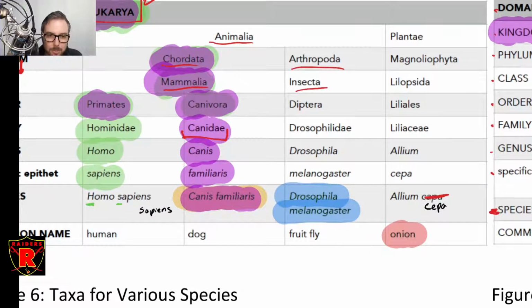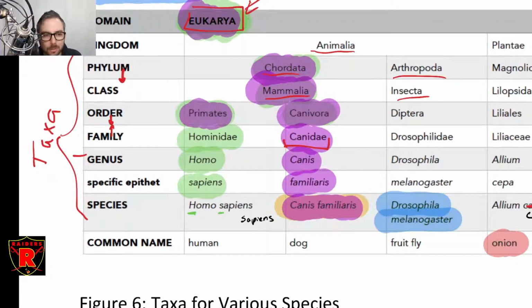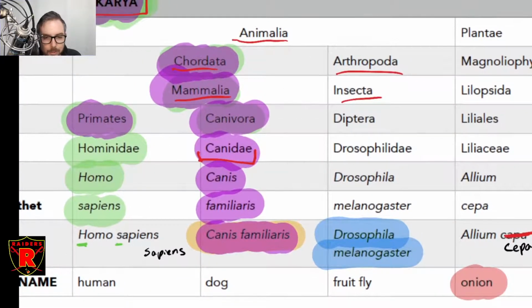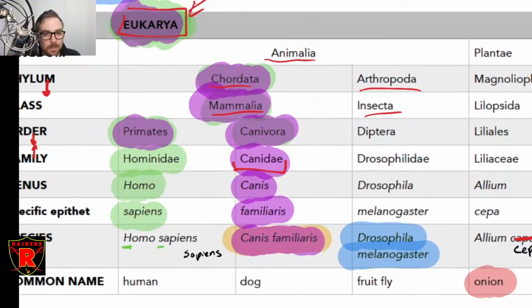So there are two species that are relatively similar to each other. That means they have a lot of the levels of taxonomy in common. But we can look at another species like the fruit fly, which does not have very much in common with us, except certain things we do have in common. So for example, we are both motile during some stage of our life cycle, and we both are multicellular.